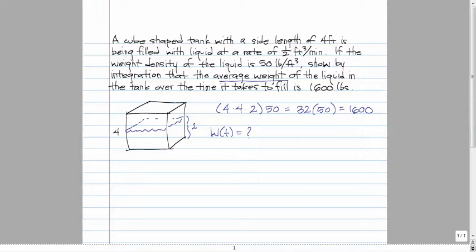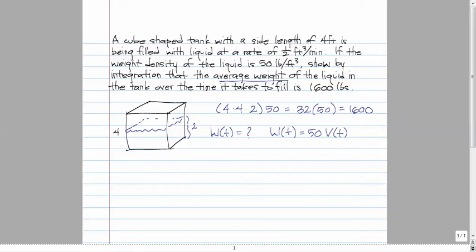We have kind of a roundabout process to find the weight function. The first thing we know is that w of t is equal to the weight density 50 multiplied by the volume at time t. And that means in order to find w, we're going to have to first find v.